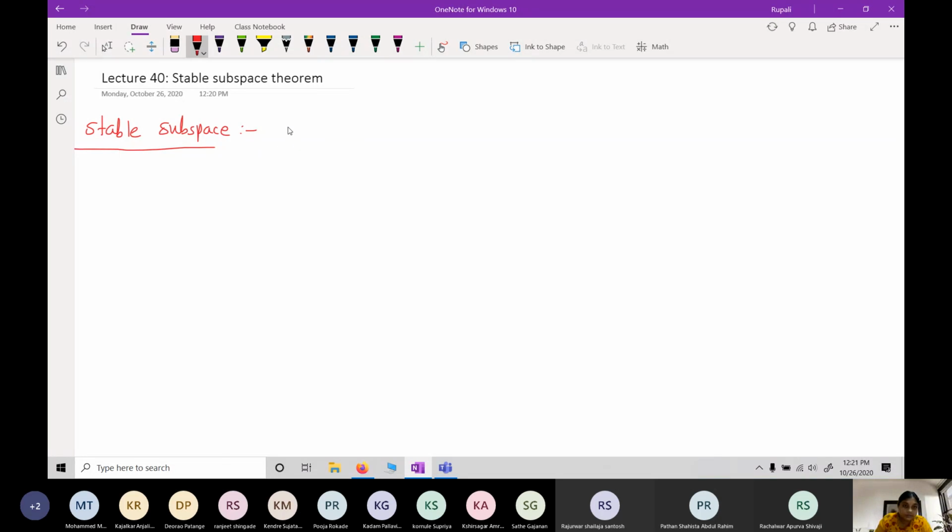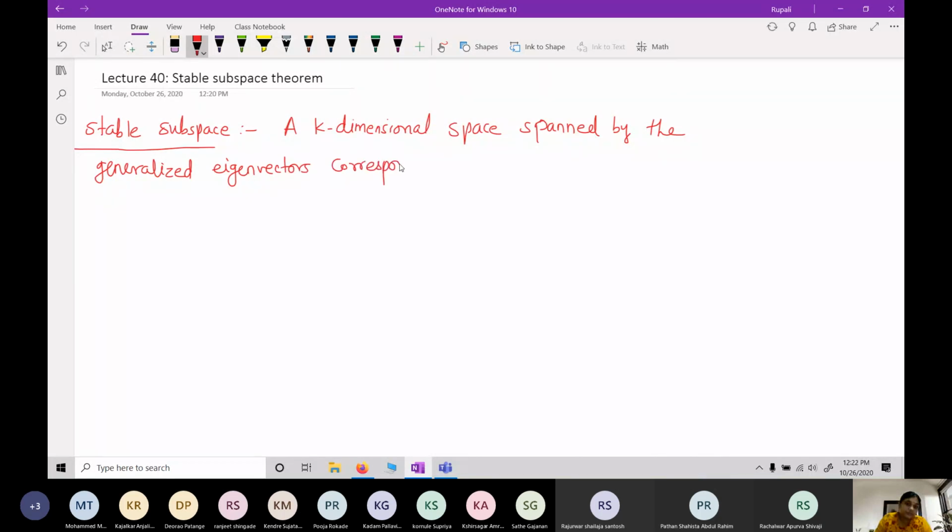A stable subspace: a k-dimensional space spanned by the generalized eigenvectors corresponding to eigenvalues lambda i, for which the modulus of lambda i is strictly less than 1, is called a stable subspace.